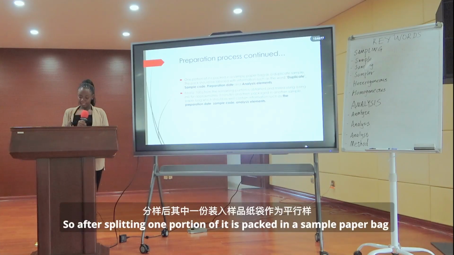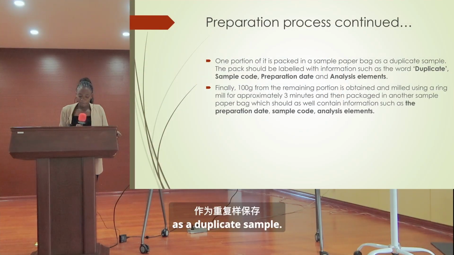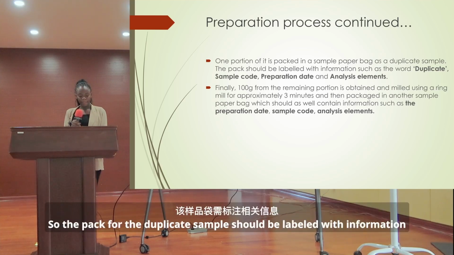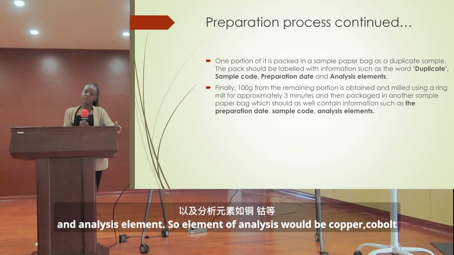So after splitting, one portion of it is packed in a sample paper bag as a duplicate sample. The pack for the duplicate sample should be labeled with information such as duplicate, the sample code, preparation date, and analysis elements. So elements of analysis could be copper, cobalt.